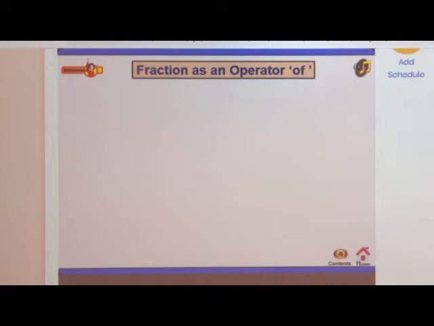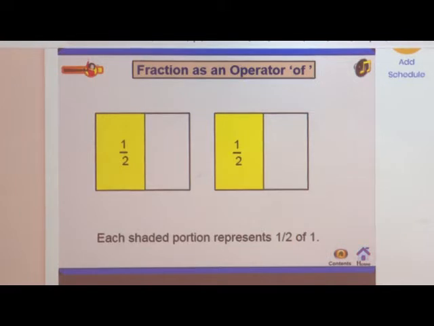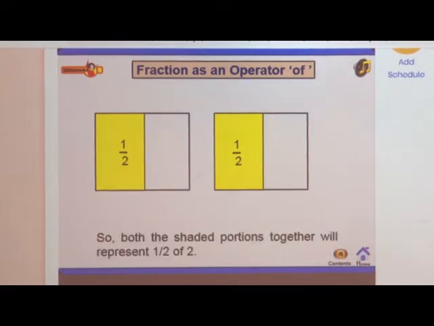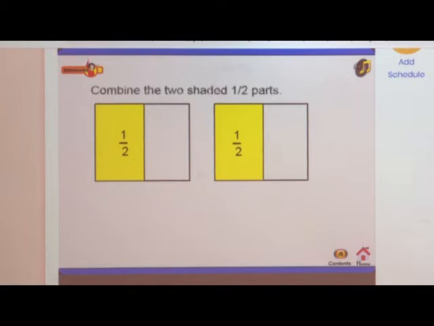Fraction as an operator of. Observe these two similar squares. Each shaded portion represents half of 1. So, both the shaded portions together will represent half of 2. Now, combine the two shaded half parts as shown.